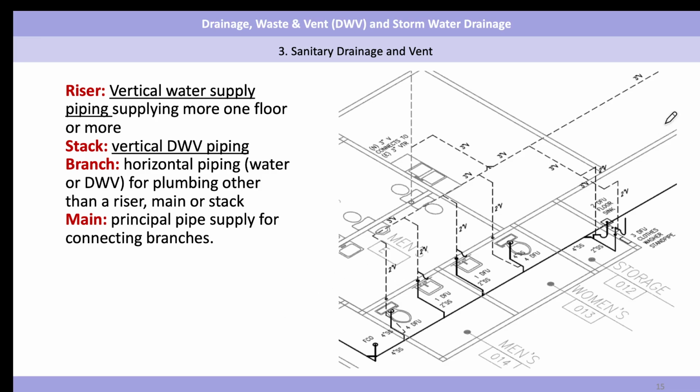So we want to supply water from this area, and then we want to supply it up. We make a vertical line, and then horizontal, maybe to the kitchen, okay, to the water closet. So that's one, the vertical one.